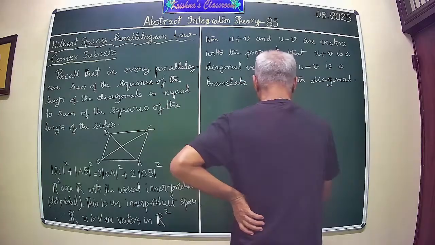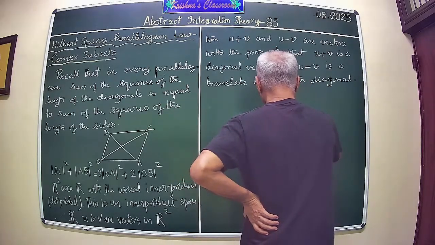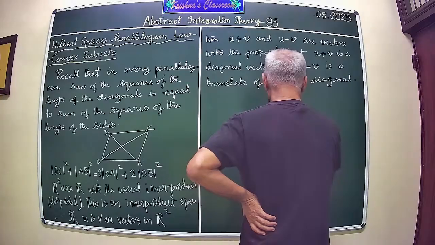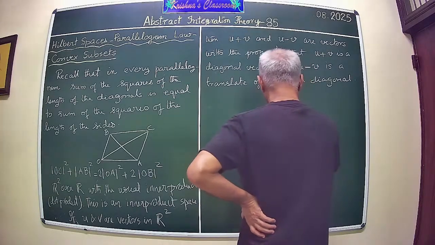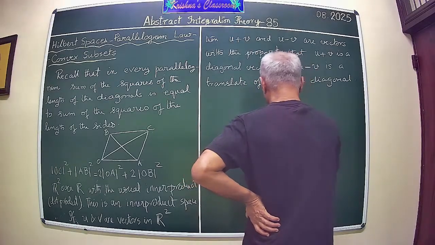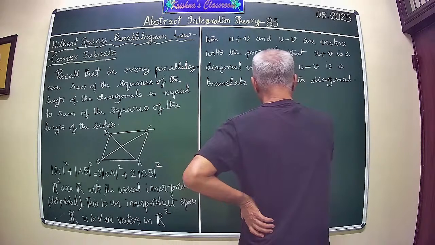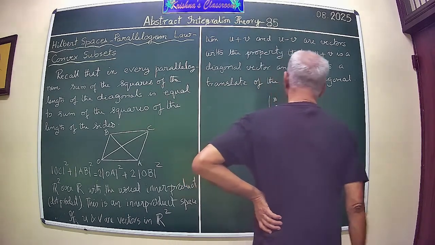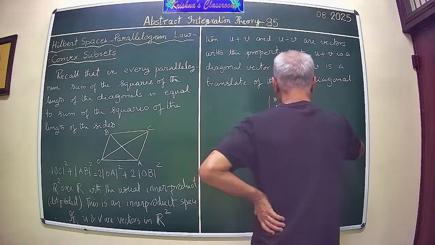So in R2, we take two vectors, this is U, this is V, then this is your O, corresponding to OA, this corresponds to OB. Now you know how vector addition takes place.